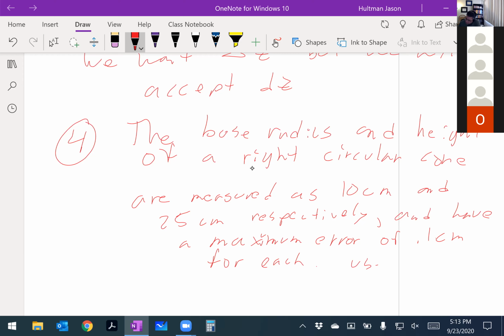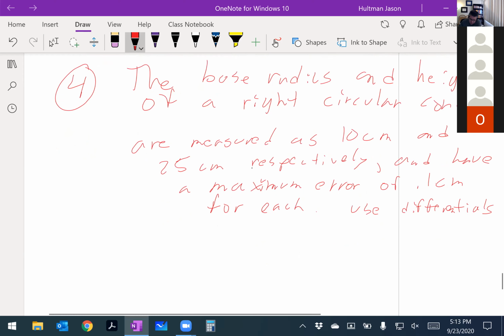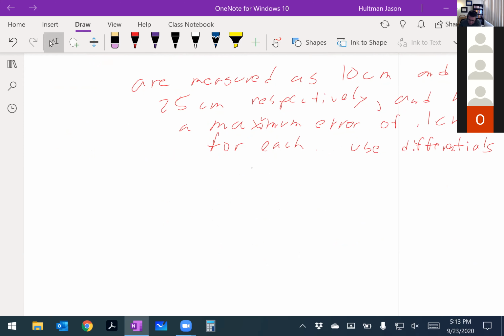Okay, use differentials to calculate the maximum error of the volume.